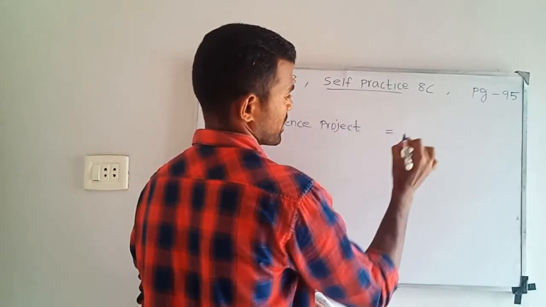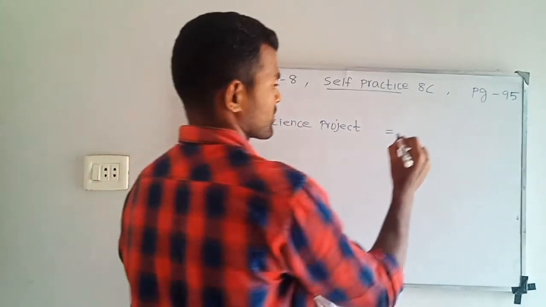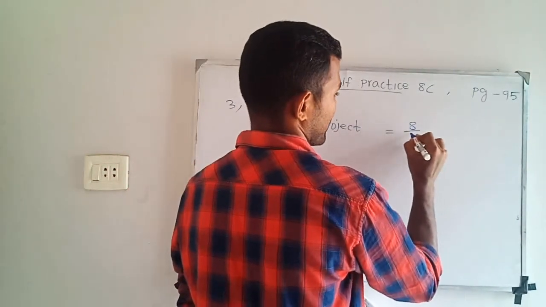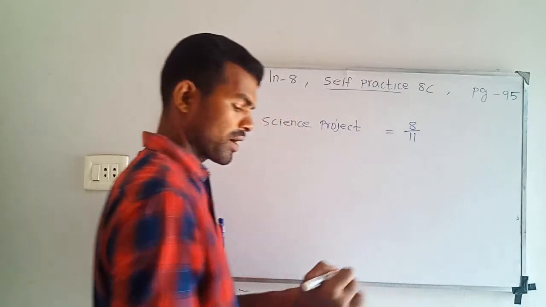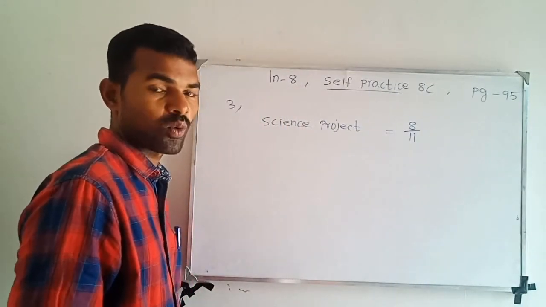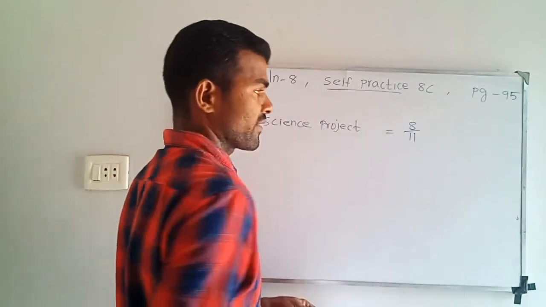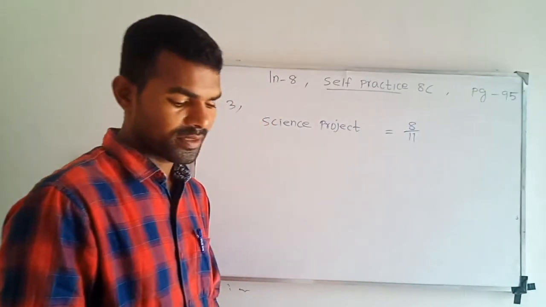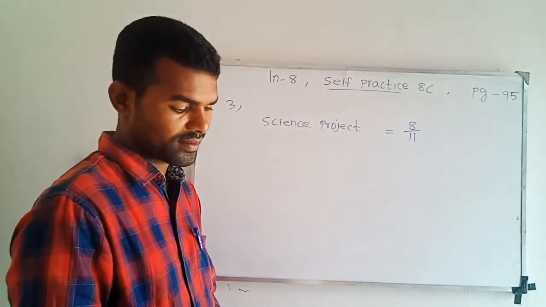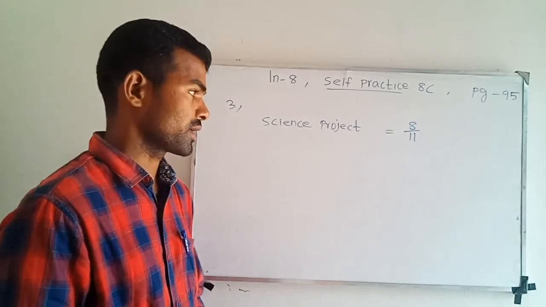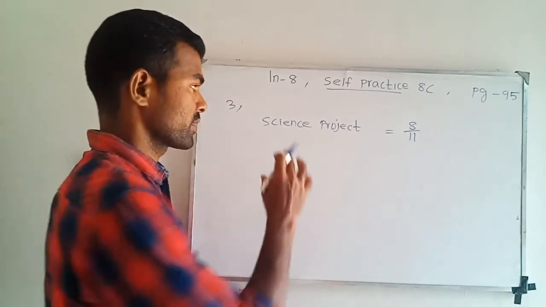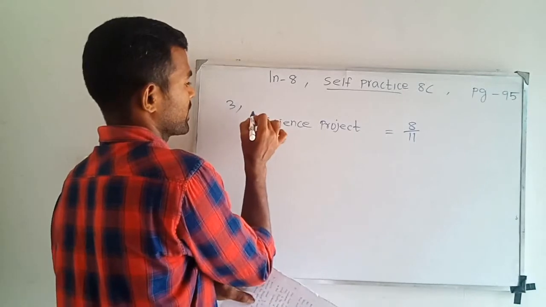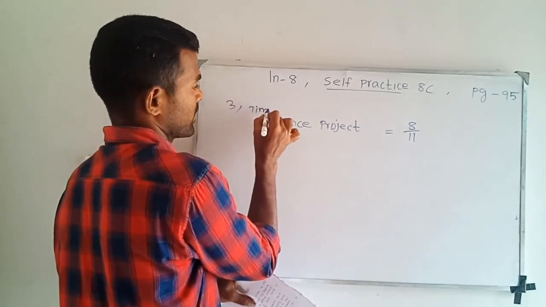For the science project, how much time did he spend? 8 by 11 of an hour. In 1 hour he spent 8 by 11 on the science project. He spent 3 by 4 of this time building the Earth model. Here you can also write time spent.